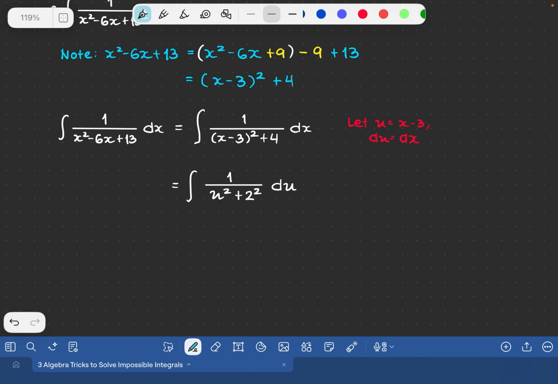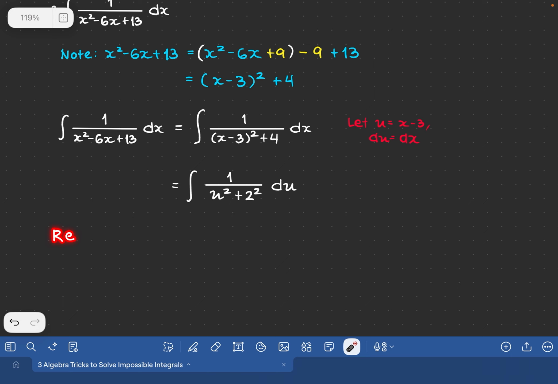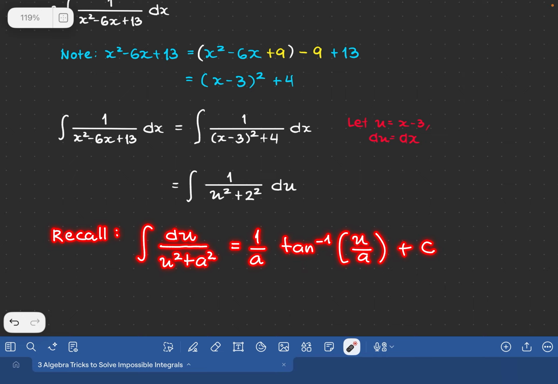Just recall that the integral of du all over u squared plus a squared, wherein u here is a variable and a here is some constant, is just equal to 1 over a tangent inverse of u over a plus c. This is a known formula in calculus, so we can apply this formula to what we have.